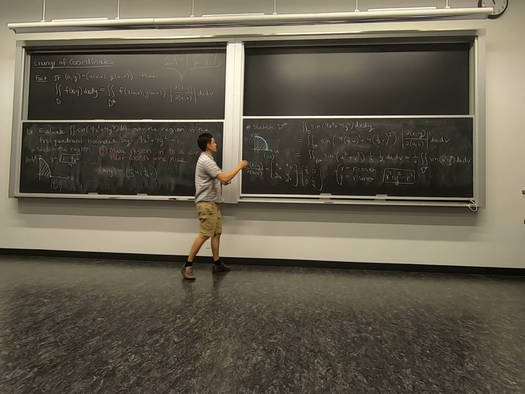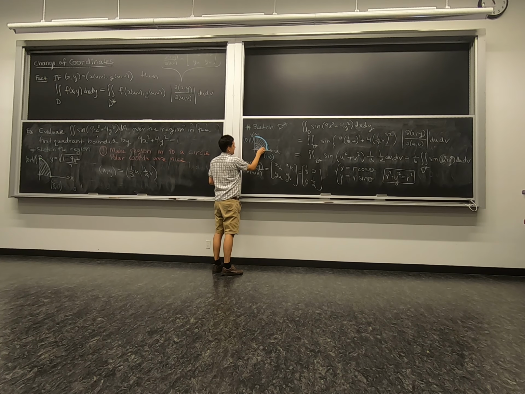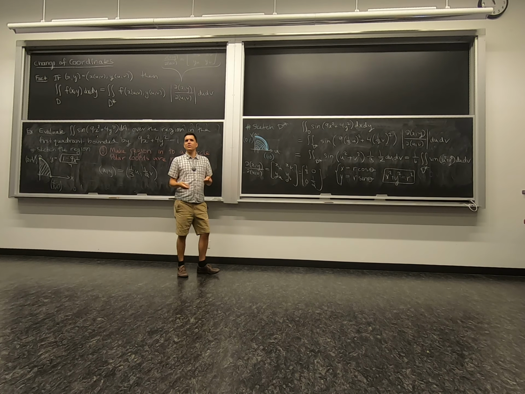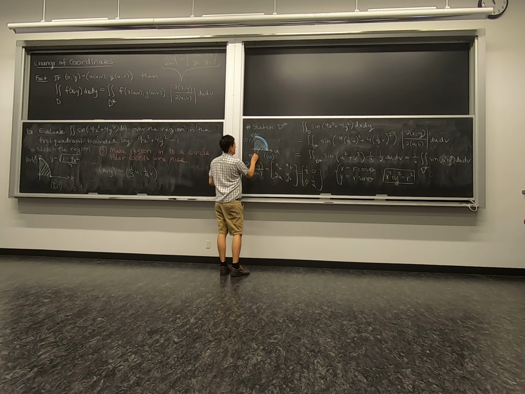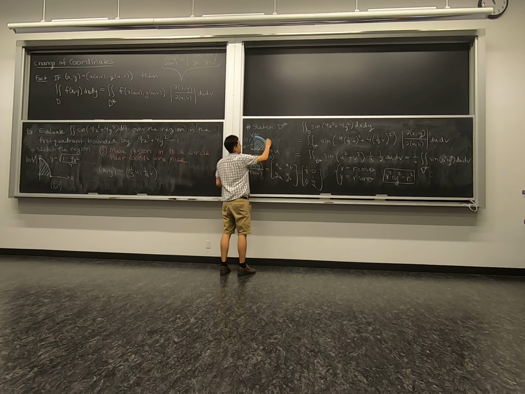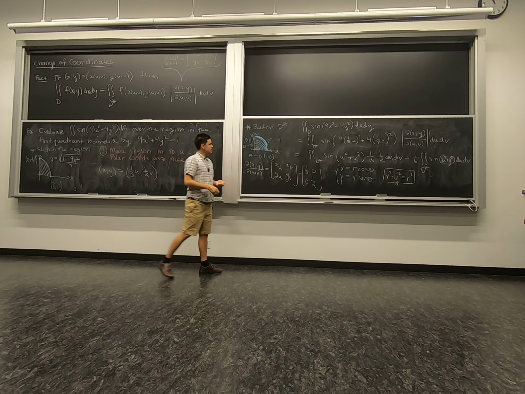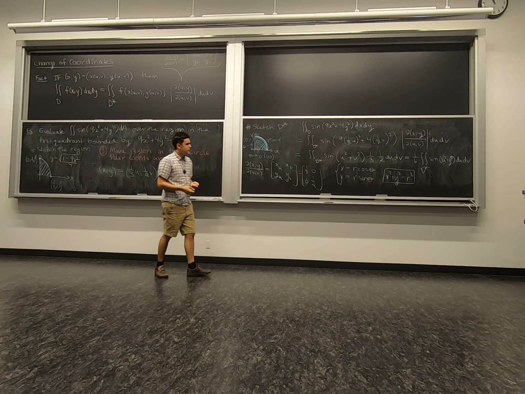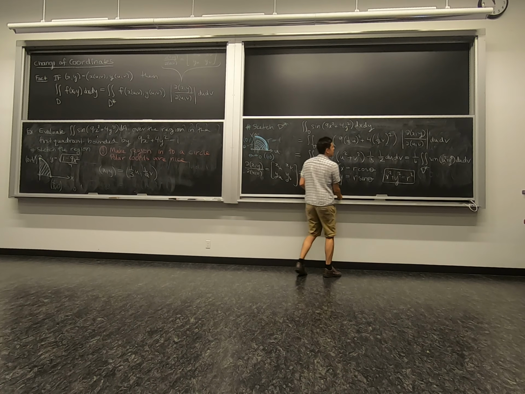But we need to integrate even down here, right? So r needs to grow. So this is theta is 0. Theta is pi by 2. R is 1. Nice.